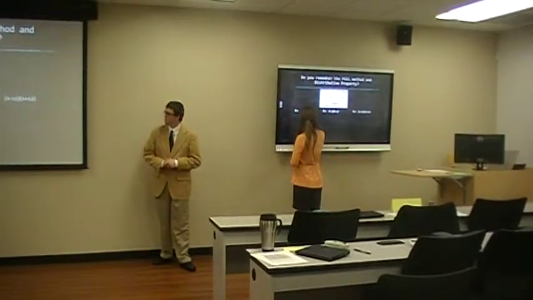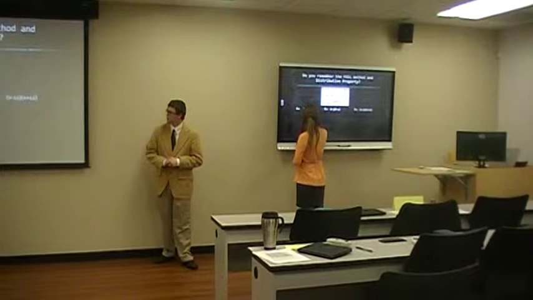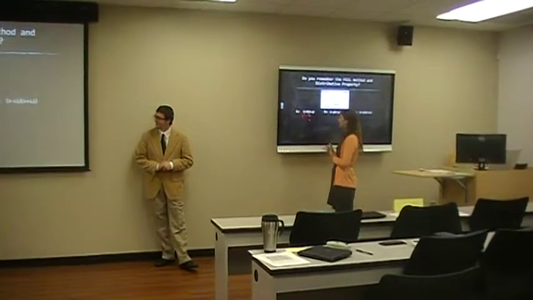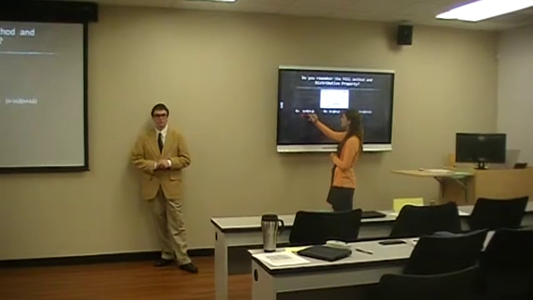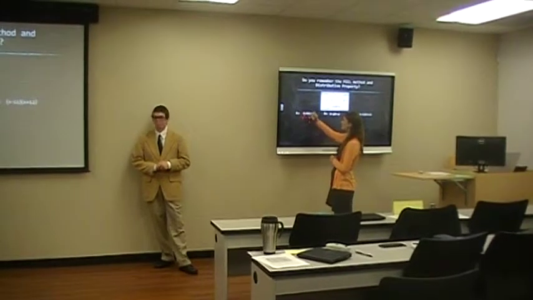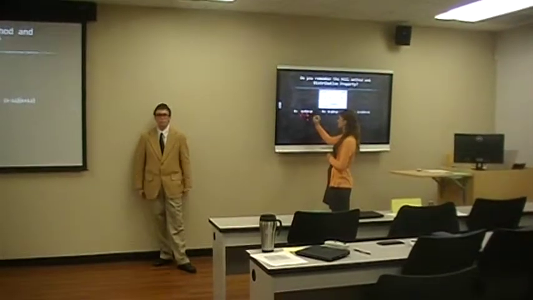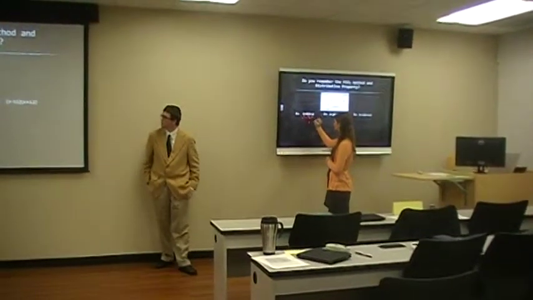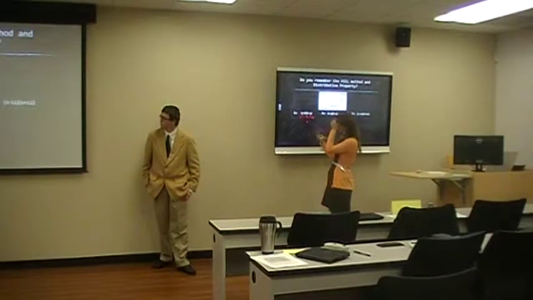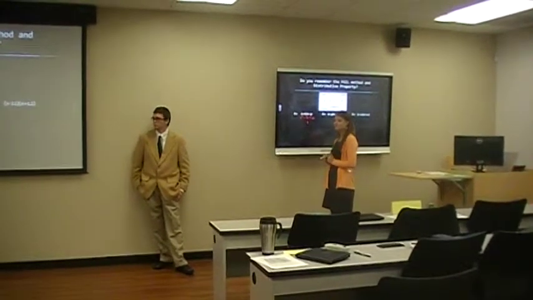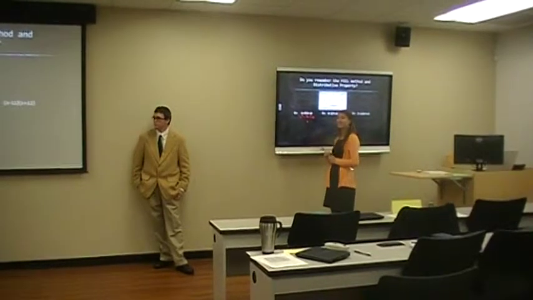Good. Okay, and then next we take the second term and we multiply it by the first term. So we do 6 times x, which equals 6x. And who can tell me what the last term we do is? Yes.